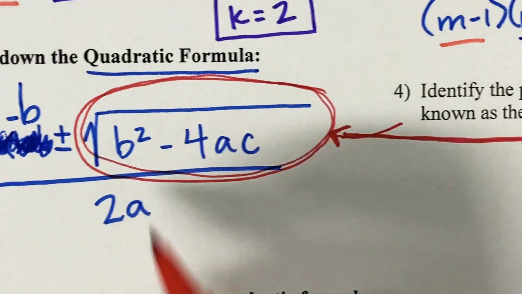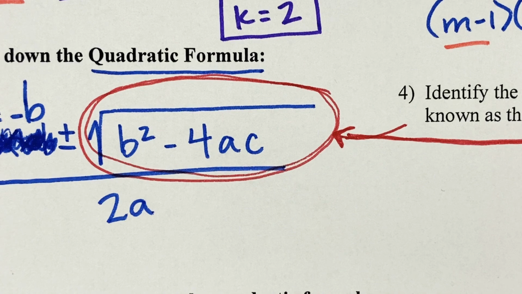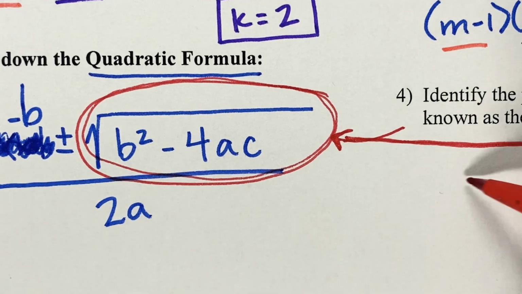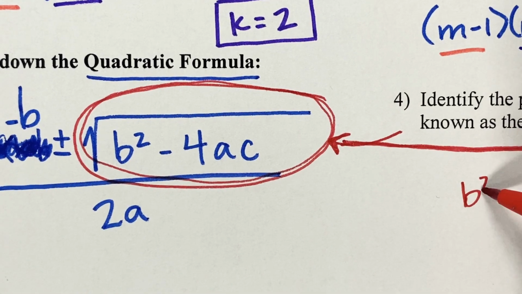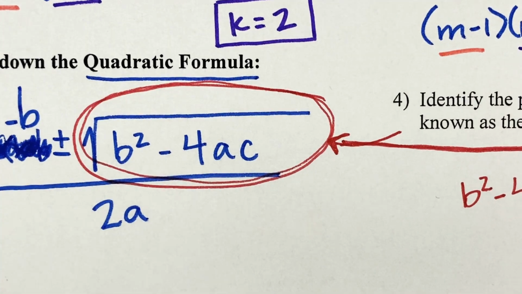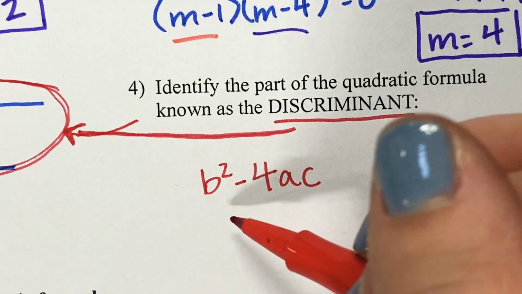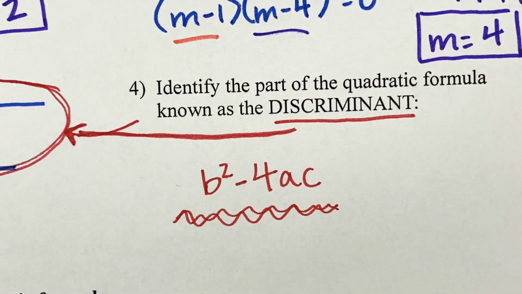So it's this b squared minus 4 times a times c. So our discriminant is b squared minus 4 times a times c. It's just that part of the quadratic formula. That's all we're going to be practicing solving today, is just that little part.